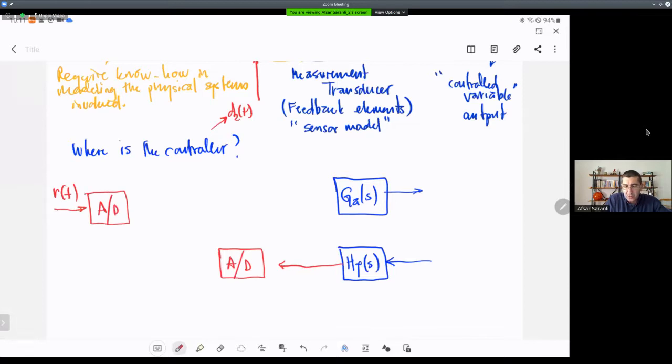Inside of a computer, you make this subtraction between a converted version of the reference and a converted version of the output, and you perform some calculations.